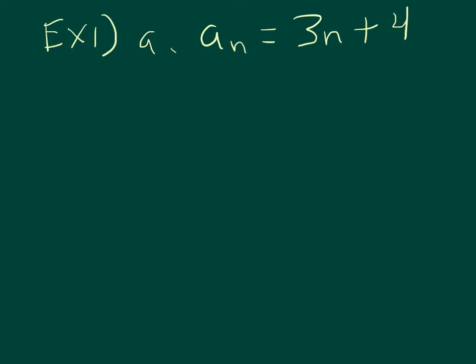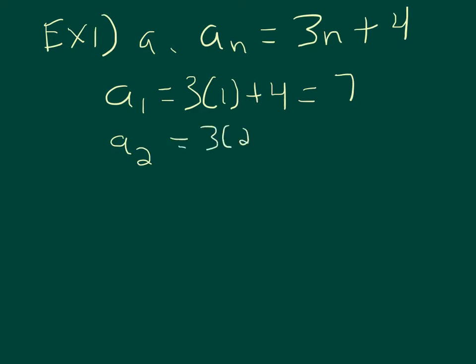So let's do that. A sub 1 means we're going to plug in 1 for any n. So we have 3 times 1 plus 4, not too hard, 7. And then we have to find the first 4 terms, so we've got to do a sub 2. 3 times 2 plus 4. 3 times 2 is 6, plus 4 is 10.